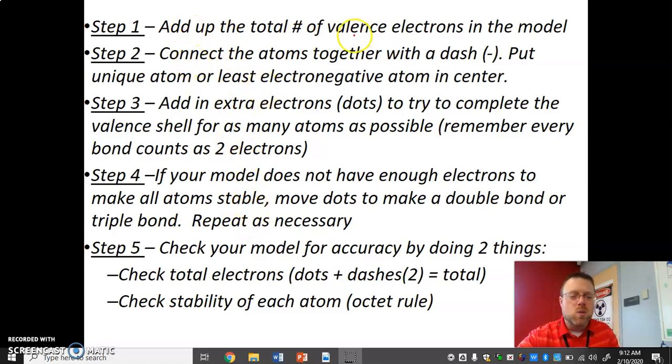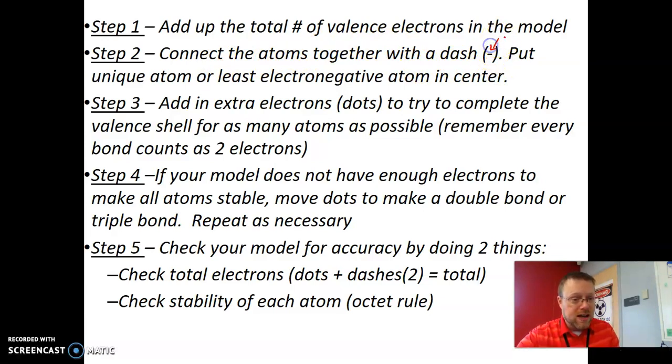But because we're using valence electrons to make models, it's really important that the first thing that you do is add up the total number of valence electrons of all of the atoms that are inside the molecule. Then you can connect the atoms together with a dash. And remember, these dashes represent bonds, and so every time you draw a dash, that's 2 electrons.